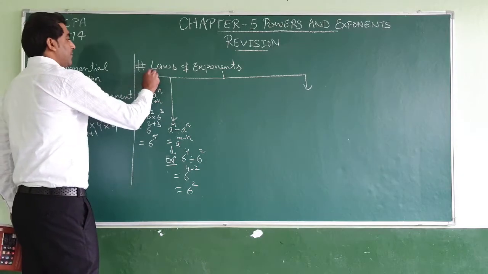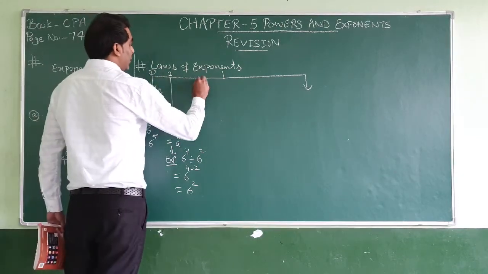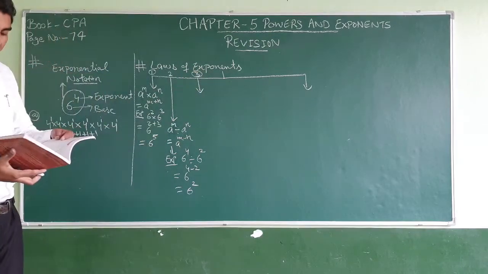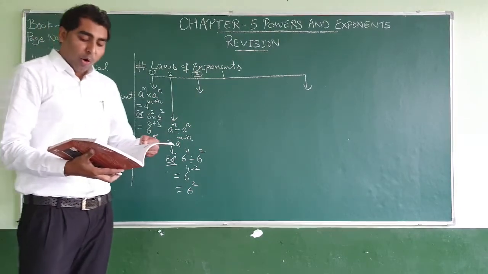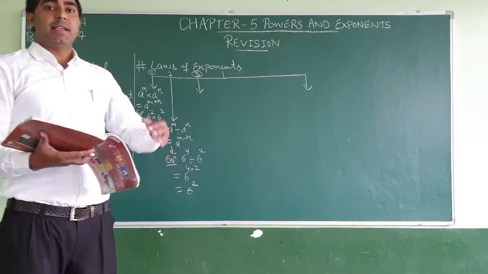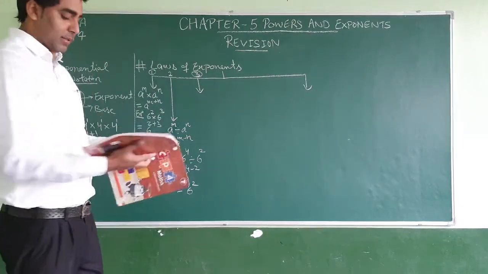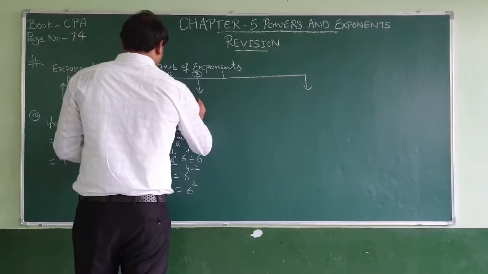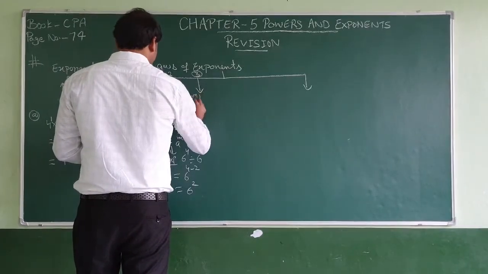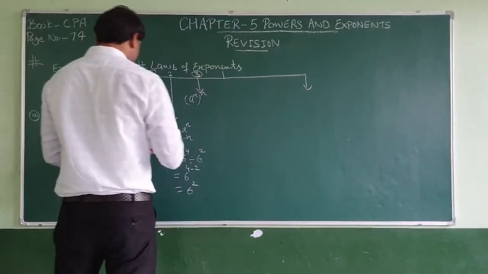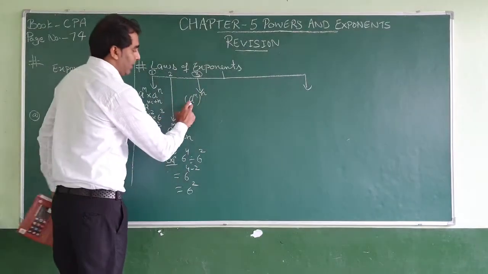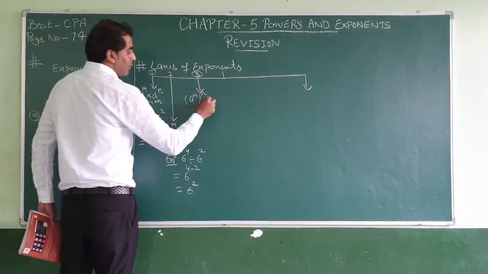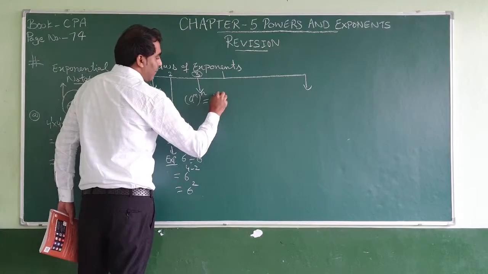This is the first, this is the second, now the third. What is the third? Taking exponent of exponents. That is a power m, whole power n, and we will get a power m n.